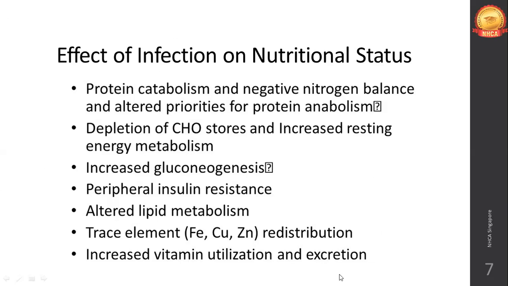This all takes place if your body is in a state of infection. And if the points which I have listed here occur for a very long time, automatically you can imagine what kind of nutritional status a person may have in the future. So that is how infection affects the nutritional status.